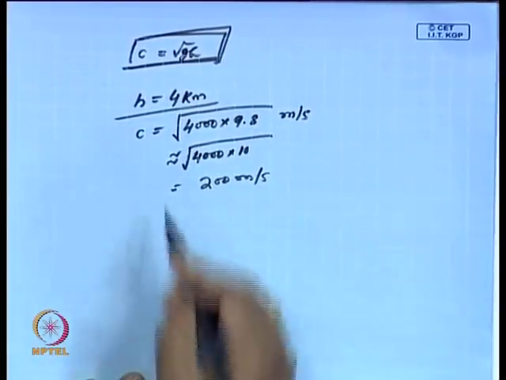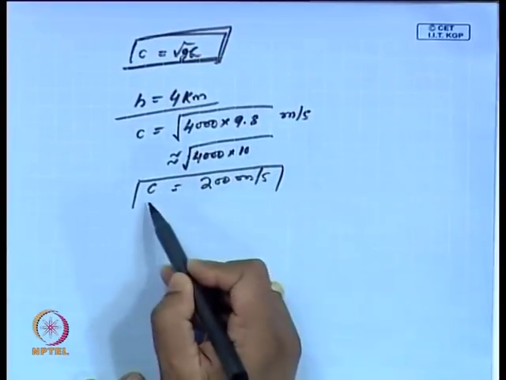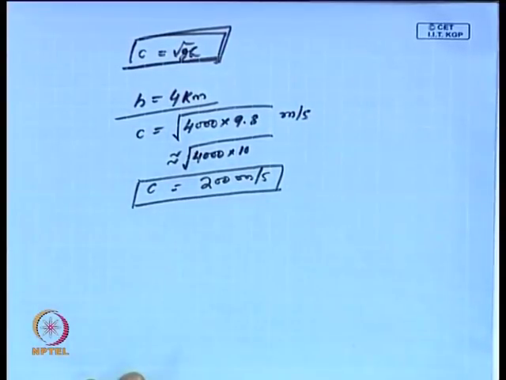So, if I am dealing with a shallow water case, where c is root gh, and the depth of water is 4 kilometers, the average ocean depth, then the speed of propagation will be about 200 meters per second.